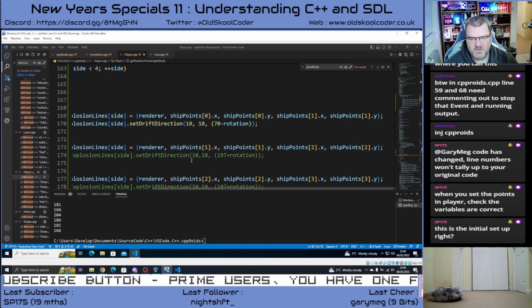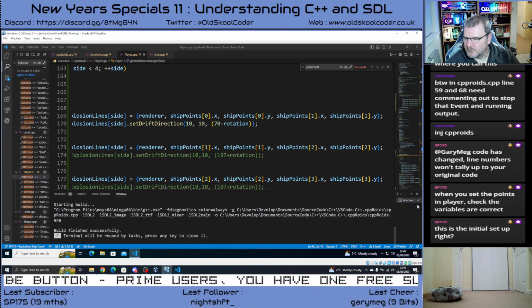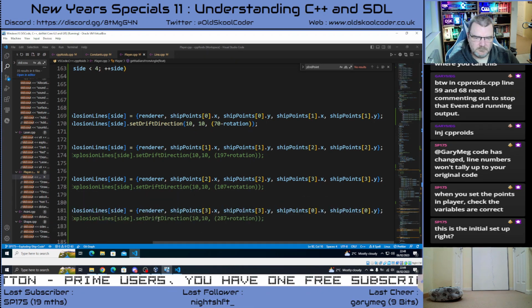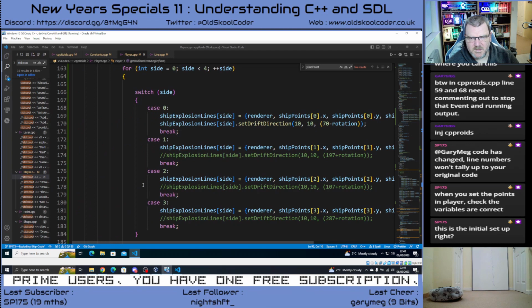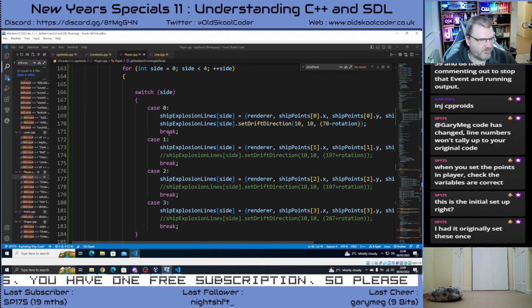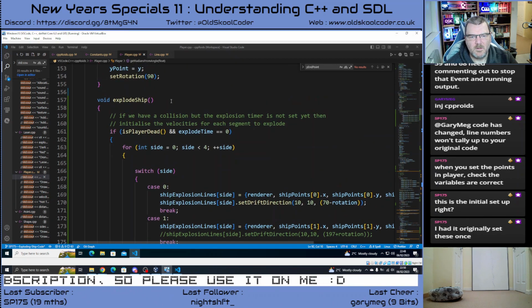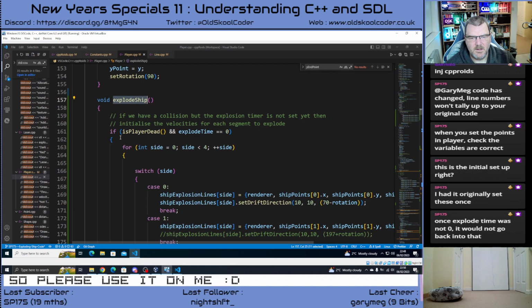Yeah, this is the initial setup. I've got brakes, so they should be fine. But we only set this once, yeah? If the player is dead and the explode time is 0, so it only goes through once, yeah?